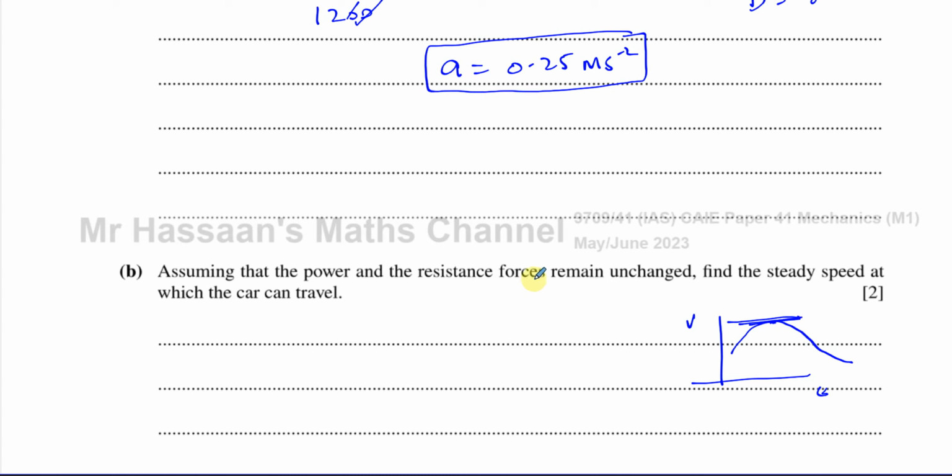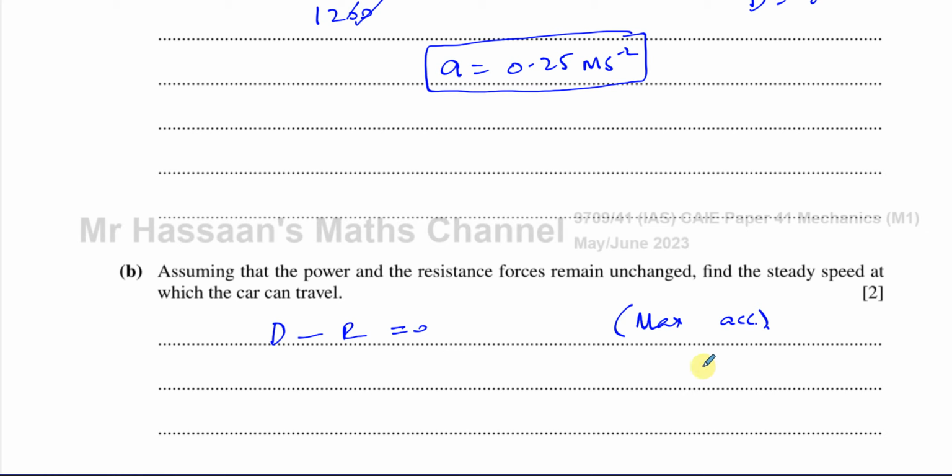The power and resistance forces remain unchanged, so we want the steady speed at which the car can travel. When the acceleration is equal to 0, that's when you're going to have a steady speed. So when the driving force minus the resistance force is equal to 0, the car stops accelerating.